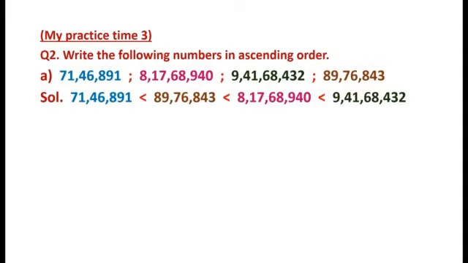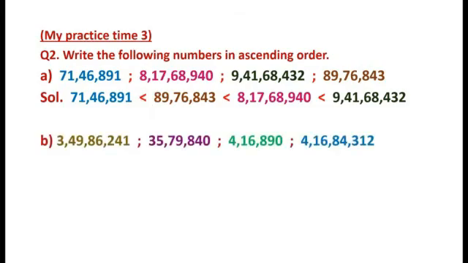We arrange the numbers from the left hand side, smallest number, and move towards the largest number. You can see the sign we are putting here is like this. For the greater number the sign will be like this.